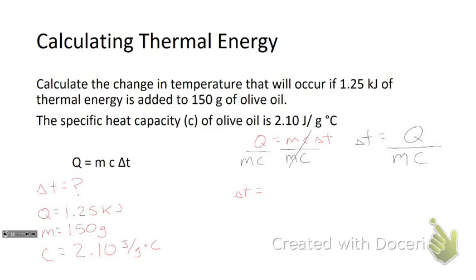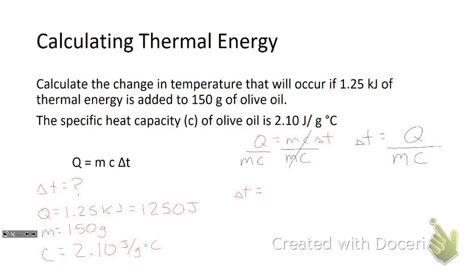Well, we know that 1,000 grams is equal to 1 kilogram, which is kind of the same thing as saying 1,000 joules is equal to 1 kilojoule. Okay, so to get kilojoules to joules, we just need to multiply by 1,000. Okay, so 1.25 kilojoules is equal to 1,250 joules.